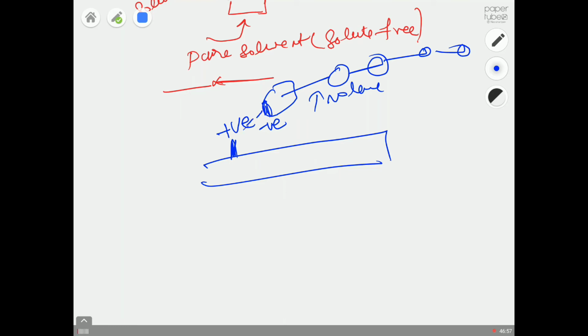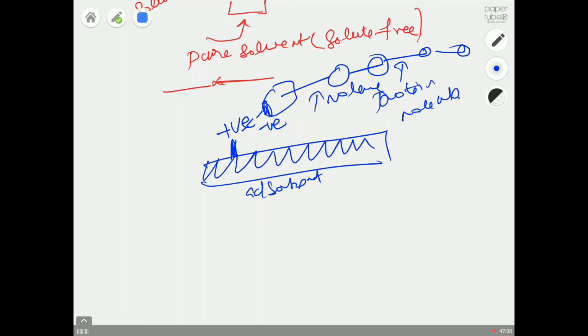So they will come together and then they will adsorb onto the surface of your adsorbent. This is your adsorbent, let's call this your protein molecule, and we can break this one.